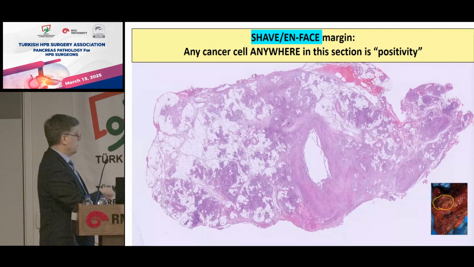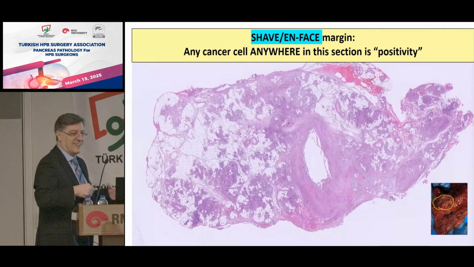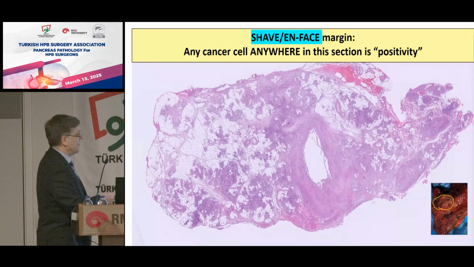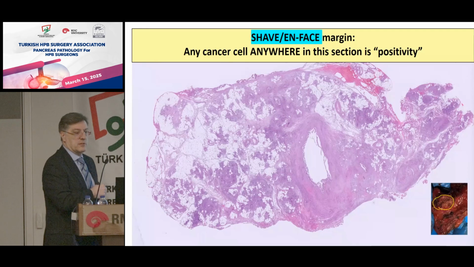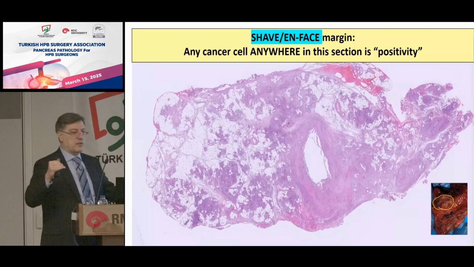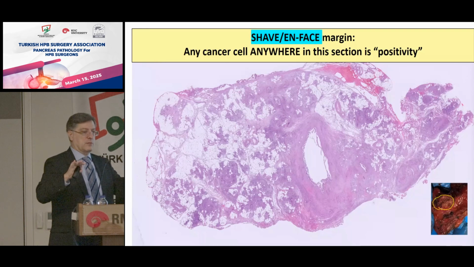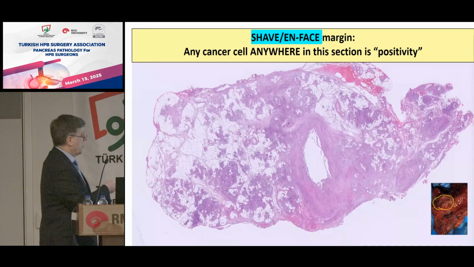So this is probably very fistula-prone pancreas. I know you guys get very jittery when you see this much fat in the neck margin. This is the surface, and anywhere in the slide, if I see cancer cells, it's going to be positive. So this is the difference between perpendicular and shave margin. Is this clear? This is important. Right. So if I see even one cancer cell right here, this is shave margin positive.